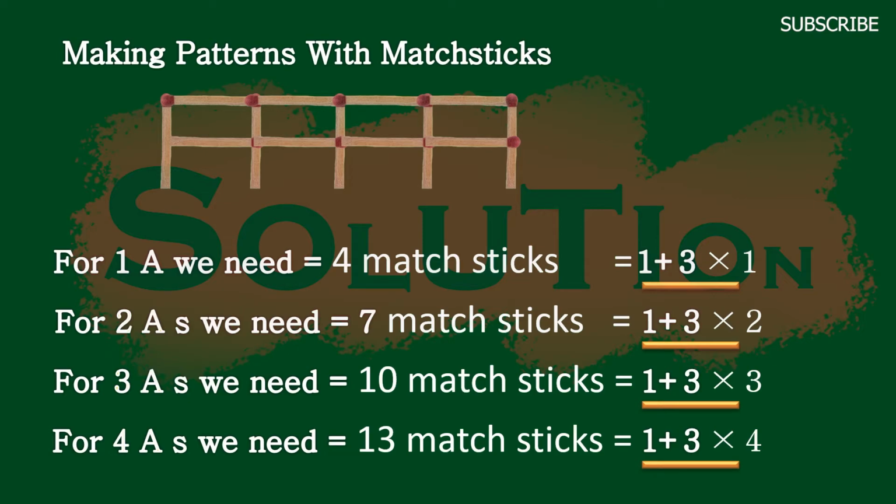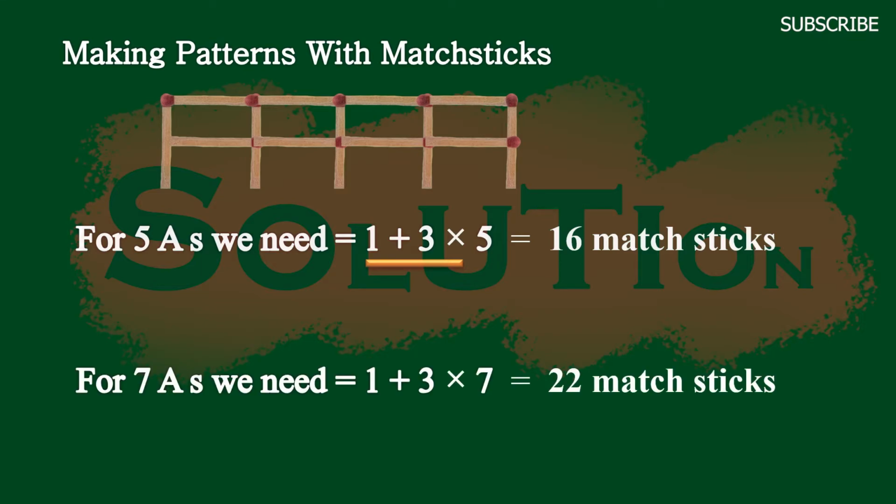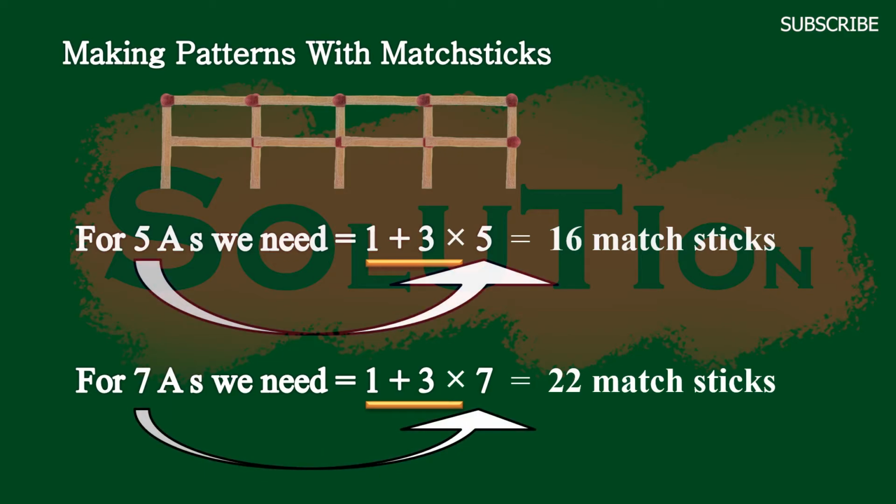If we are taking 1A, then it is 1. If we are taking 3A, it will be 3. So for 5A, definitely it will be 5. 1 plus 3 into is constant, and for 5A it will be 5. For 7A's, it will be 1 plus 3 into 7. The 1 plus 3 into is constant, and depending upon the number of A's, we have to multiply it with 3.